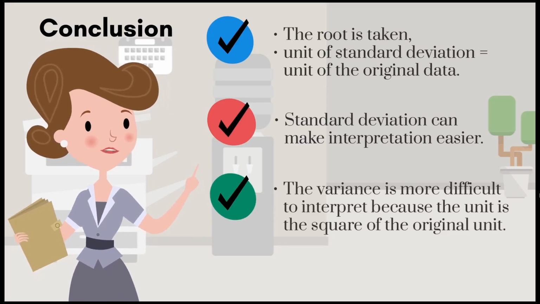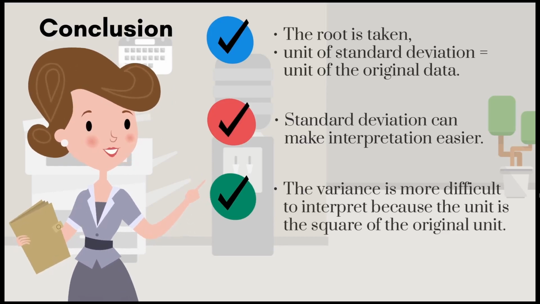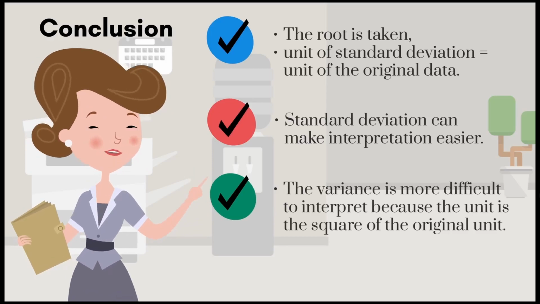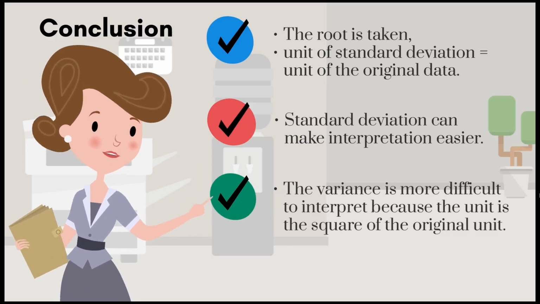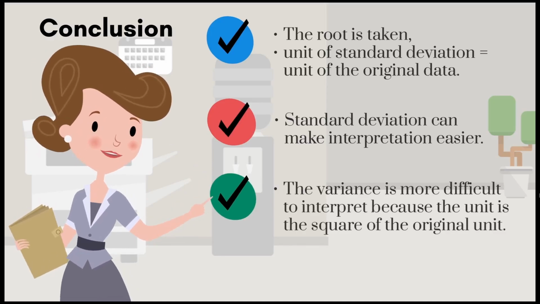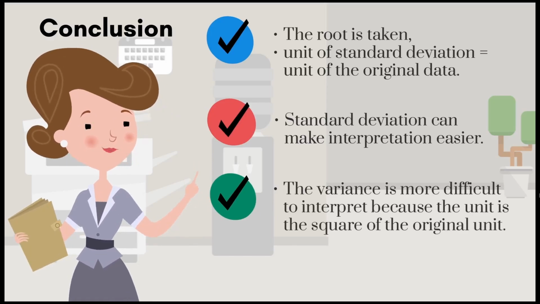So it is advisable to always use the standard deviation to describe data, as this makes interpretation easier. However, the variance is more difficult to interpret because the unit is the square of the original unit. In our case it is centimeter square.